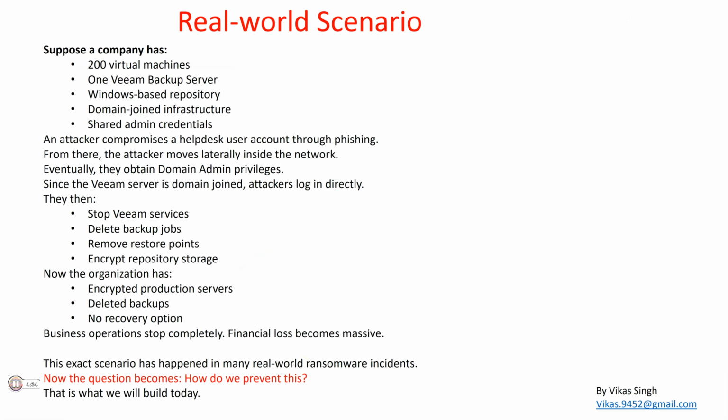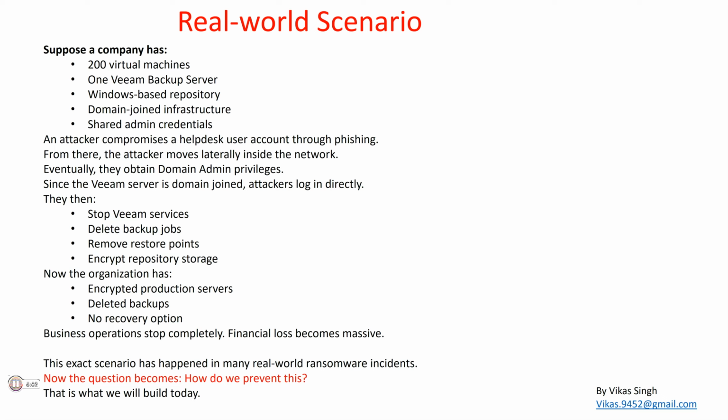Now let's understand a real world example. Suppose an organization has 200 virtual machines, one Veeam server, a Windows based backup repository, domain joined infrastructure, and shared administrator credentials. An attacker compromises a help desk account through phishing. From there, they move laterally and steal the admin credentials, gaining domain admin access.